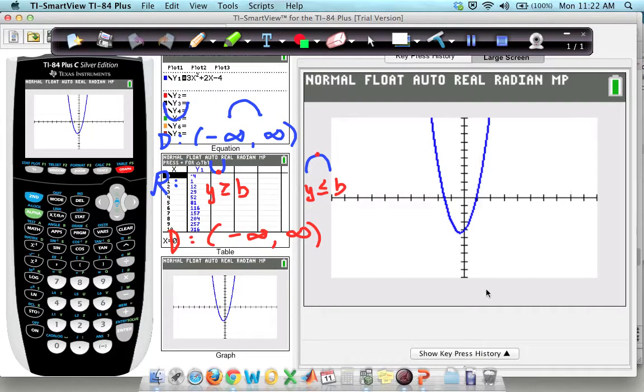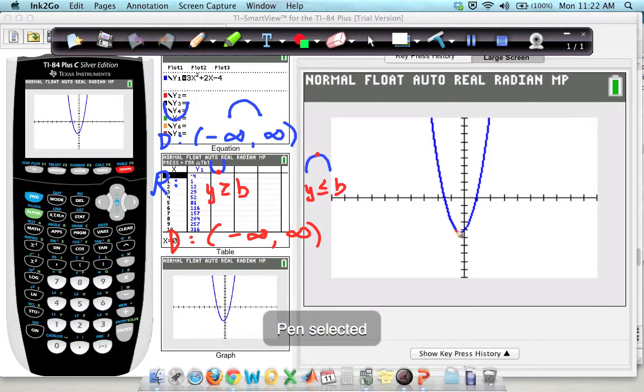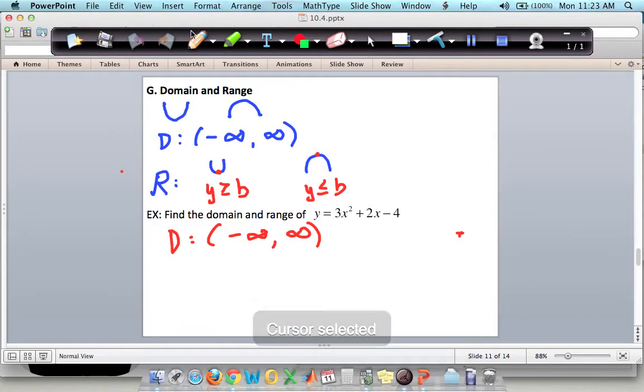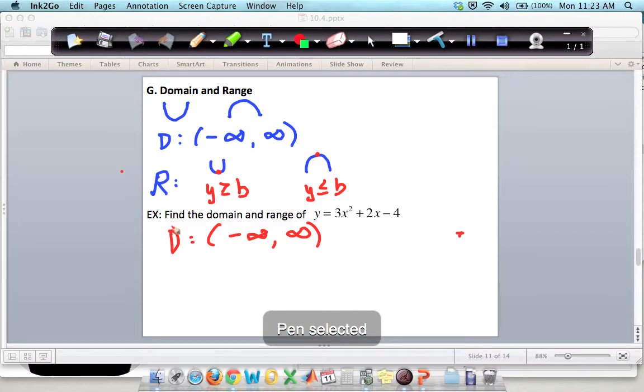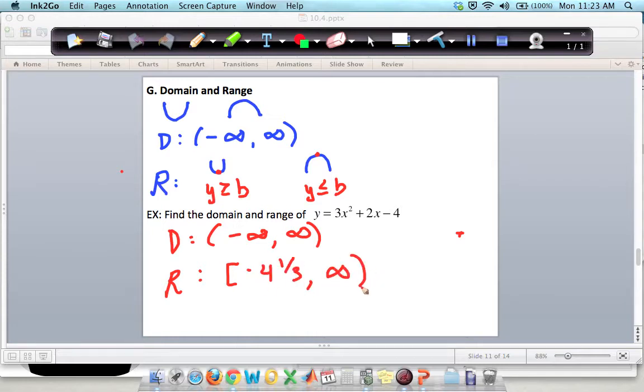Now for your y value, starting at negative infinity and moving up, your y values start right at this point right here where your vertex is. And remember, we said that y value of our vertex was negative 4 1/3. So we would say our range is y is greater than or equal to negative 4 1/3. So negative 4 1/3 to infinity if I wrote it in interval notation.